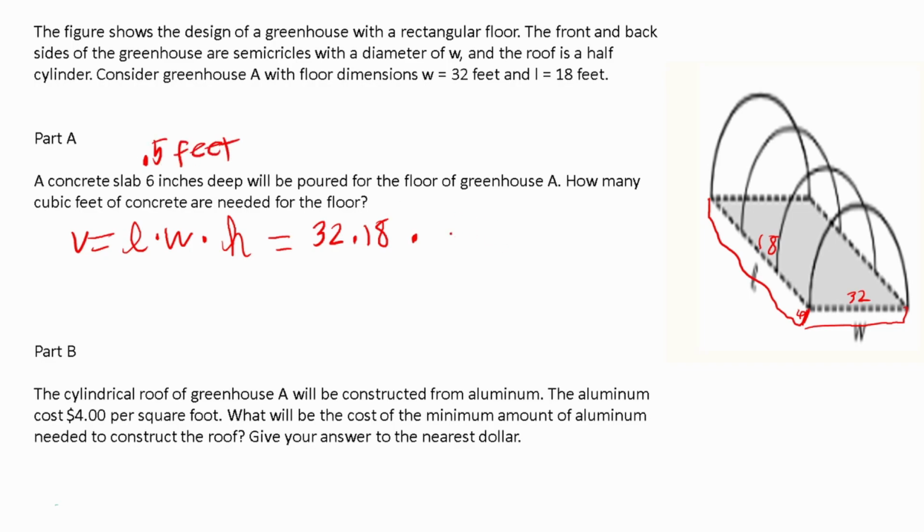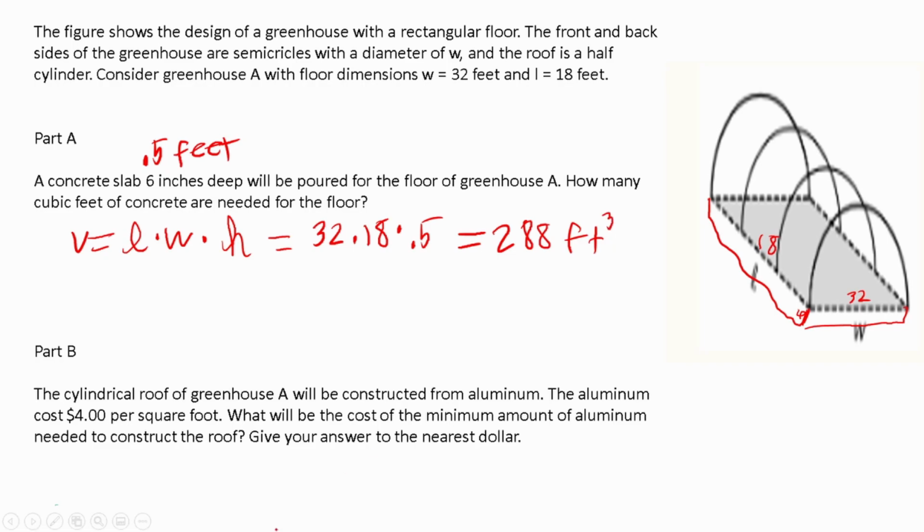Got to be careful with that. So it's really like times 0.5. So when we multiply this, we get 32 times 18 times 0.5, which is going to give me 288 cubic feet. Feet cubed.